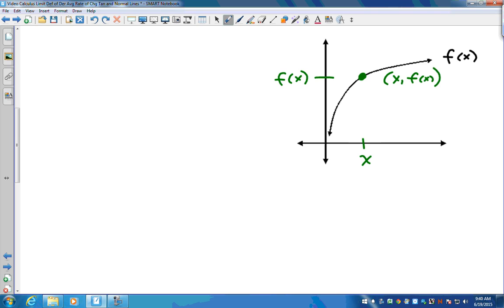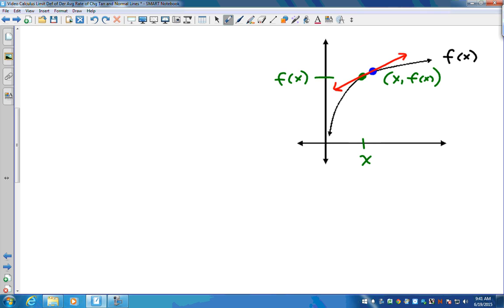So what if we were looking for the slope of this black curve at that green point? Can't do it. Why? Because we need 2 points, right? So let's put a second point really close to that first point, and then we will see if we can find the slope of the line that intersects both of those 2 points.